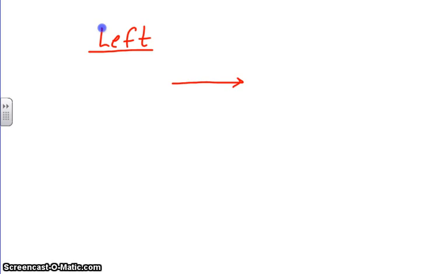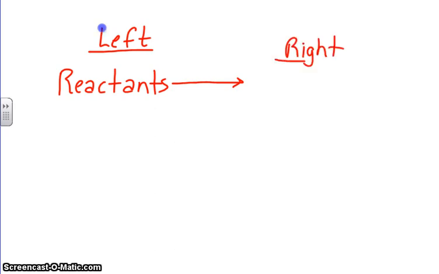Coefficient. Reactants. Thank you, reactants. And on the right side, we have products. We read this middle symbol as yields.